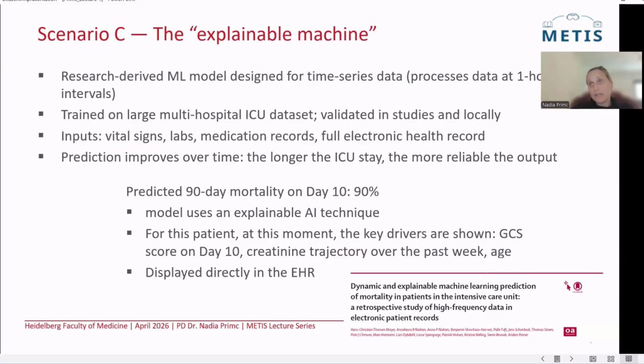It has also been trained on a large number of ICU admissions from multiple hospitals, and it has also been validated in research studies and against the hospital's own data.